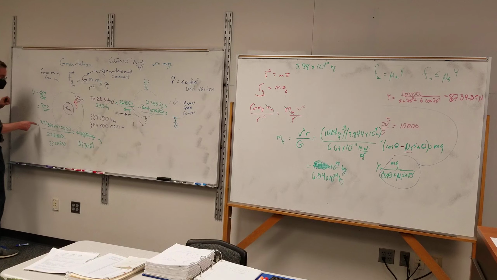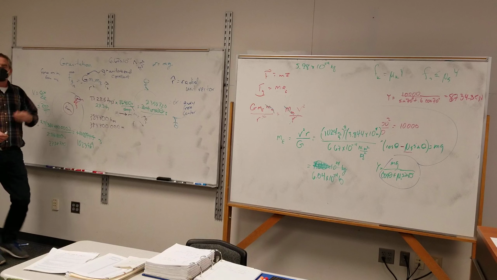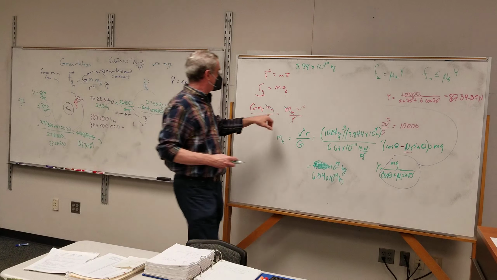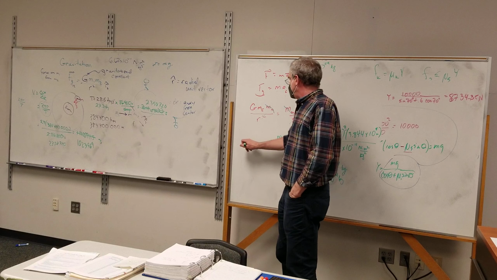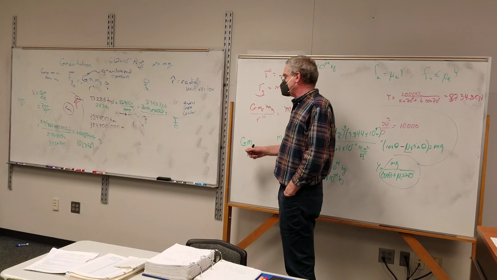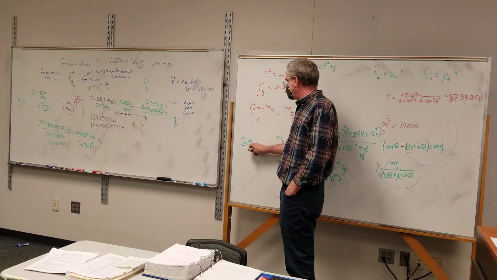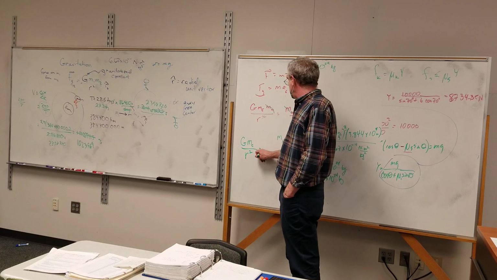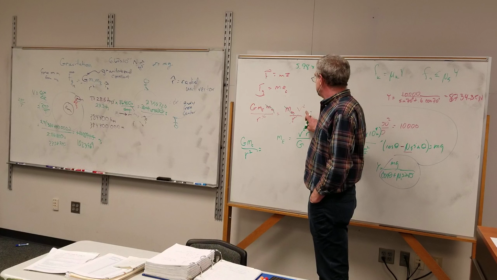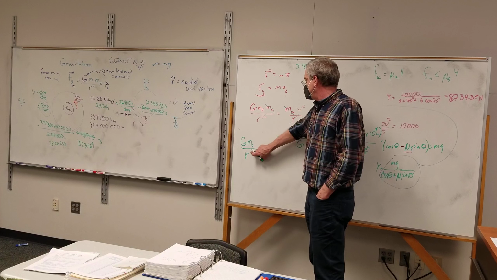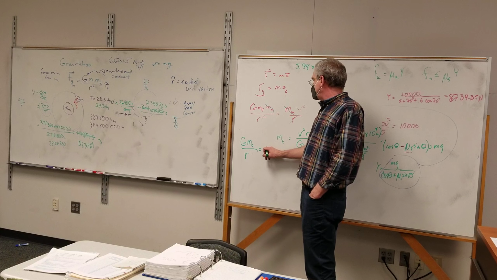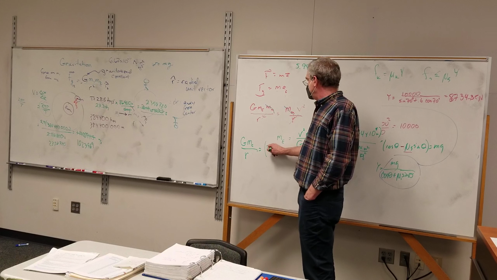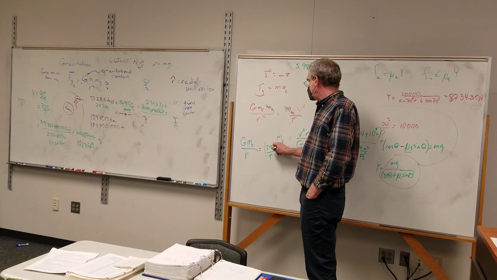Recognize that my speed is just distance over time, so it's 2 pi r over T, as I have written right there. I'm going to use that formula in this. So I have G times the mass of whatever the central object is, so I'll put M sub c for central, over r squared, equals, actually we got rid of one of the r's there, v squared, which is just 2 pi r over the period, squared.